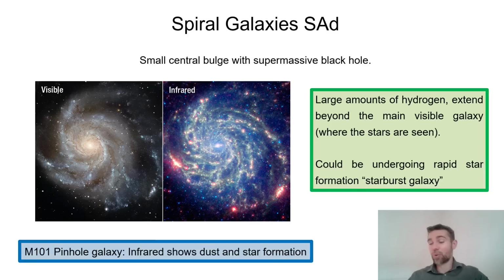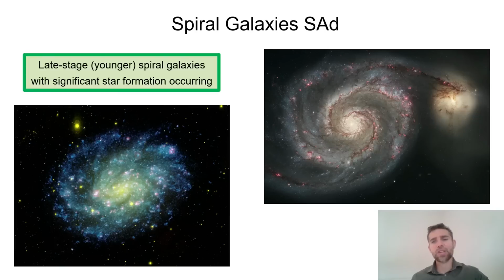You get a sudden burst of star formation occurring, and in very young spiral galaxies, this star formation can be so rapid that they can be known as a starburst galaxy. Also, some irregular galaxies can also be known as starburst galaxies. So here are some images of these late stage or younger spirals.